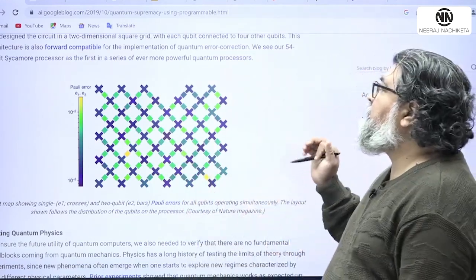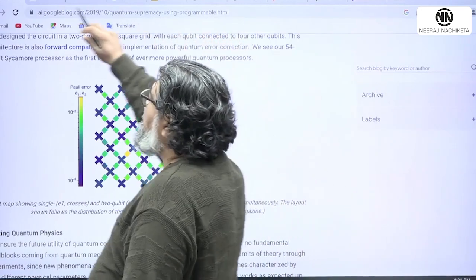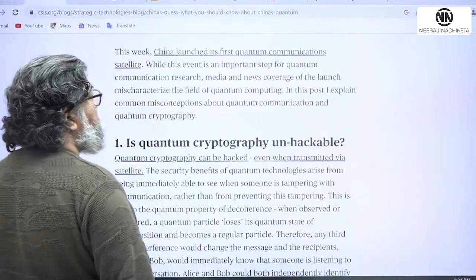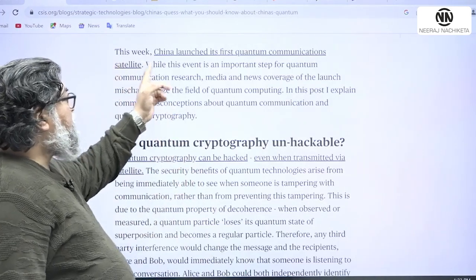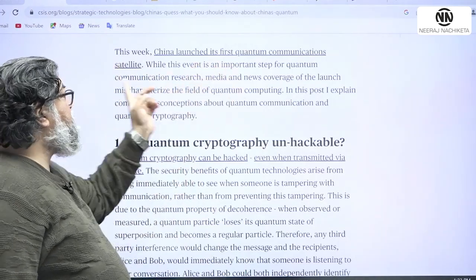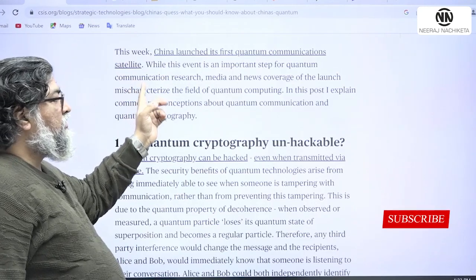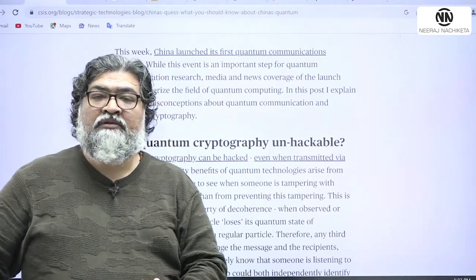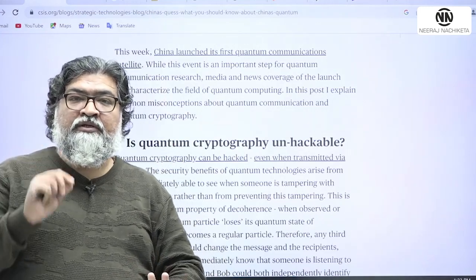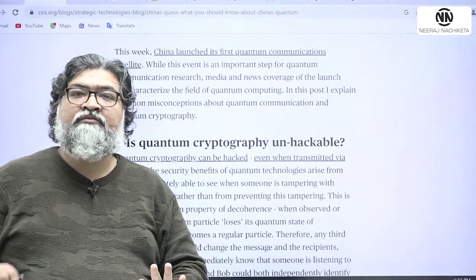Another thing I've mentioned here is China. This article came out: China launched its first quantum communications satellite. Quantum communication using quantum cryptography. Cryptography means encoding of data using qubits.